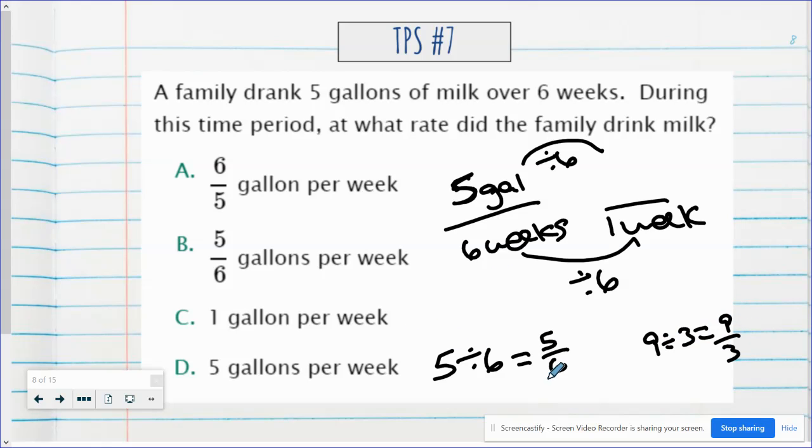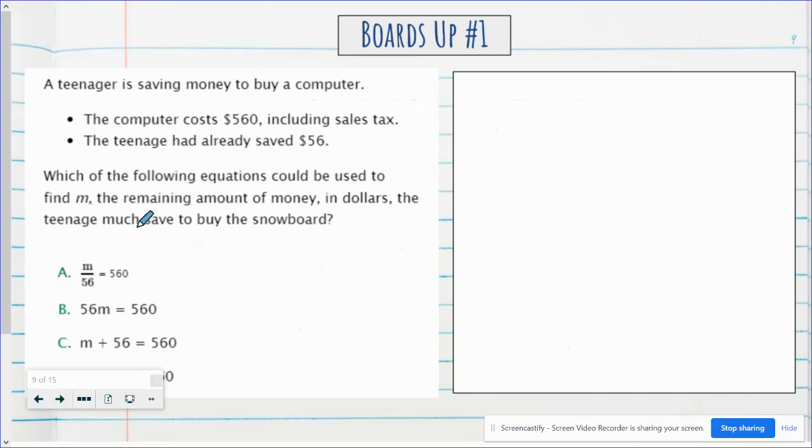It doesn't matter that the smaller number is on top. It's just going to be a number less than 1. So what I'm seeing here is that they drank 5 sixths of a gallon per week. If you change that into a decimal, it would be about 0.83, but it's not in decimal form. It is in fraction form. All right, let's keep going.